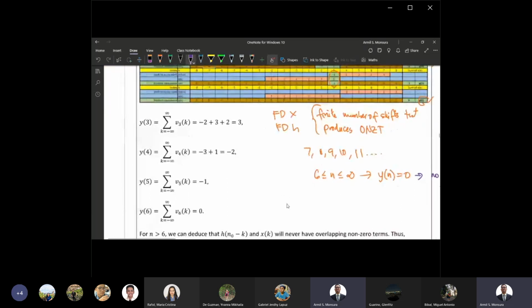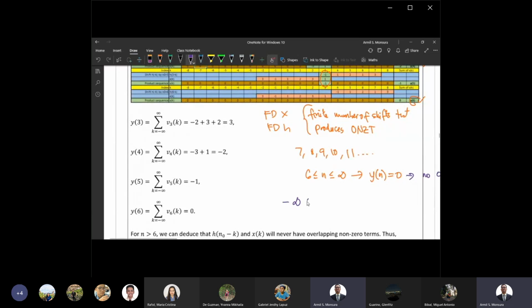Okay? So we say na from negative infinity to negative 5, okay? And from 6 to positive infinity, yung y of n niyo is 0.